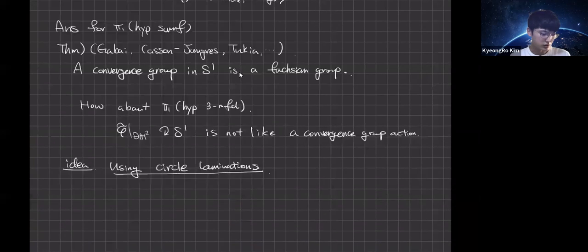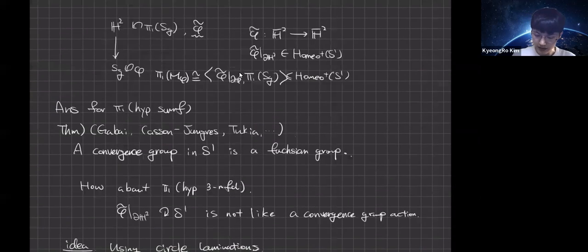Okay, why? Let's get back to the example of the mapping torus. Here we have a transverse geodesic lamination on the surface, which is preserved by the pseudo-Anosov element, and then the lift of the pre-image of this geodesic lamination induces a geodesic lamination on the hyperbolic plane.